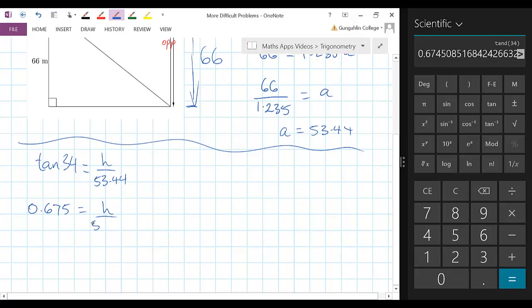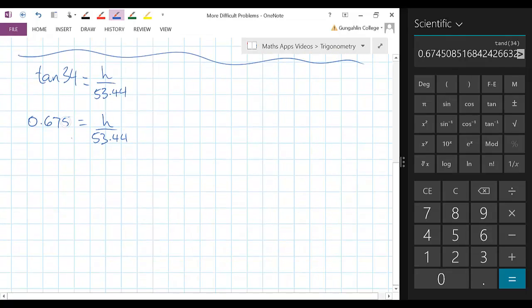Solving for h, multiply by 53.44. Let's work out what that is. And I get h as 36.05.